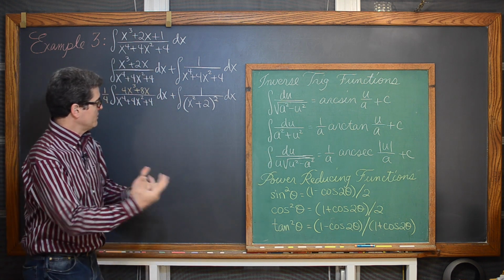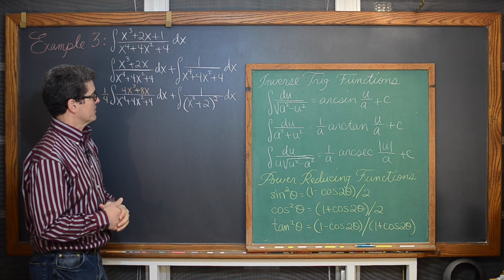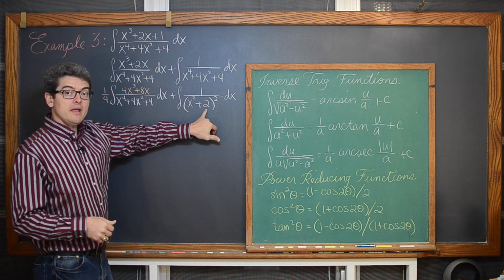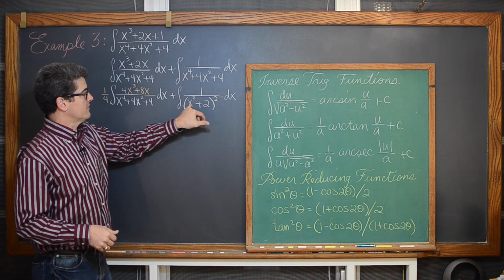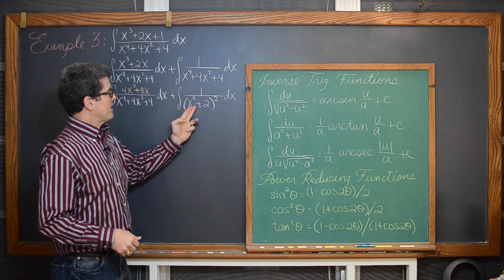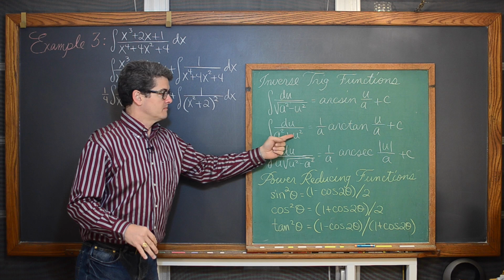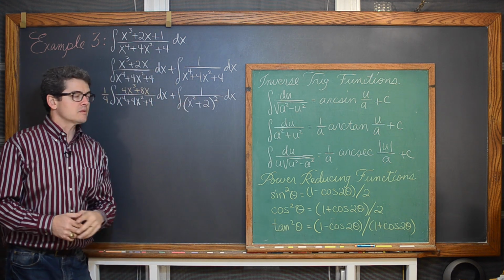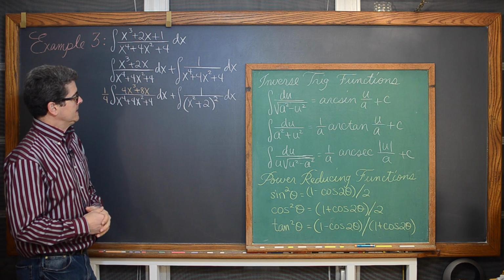Addition is commutative, so the fact that x squared is first is no big deal, but this might be my u squared and my a squared. But we have a power of 2 wrapping all of this together, and if you take this binomial and square it, you get 3 terms and not just 2, so this isn't going to develop into some kind of arc tangent situation.